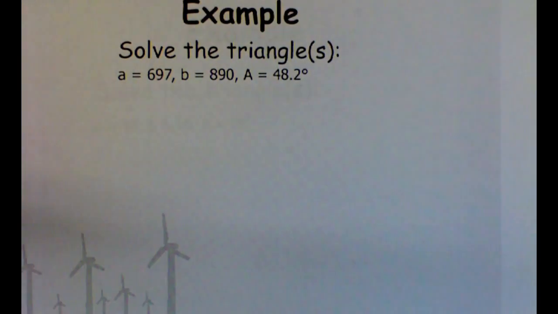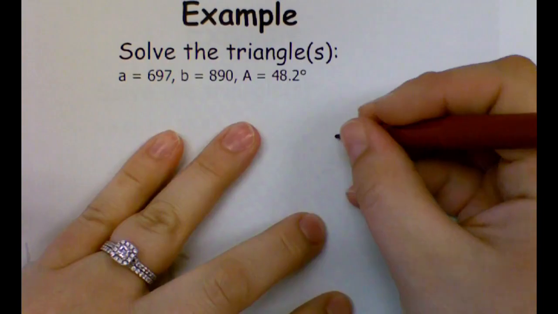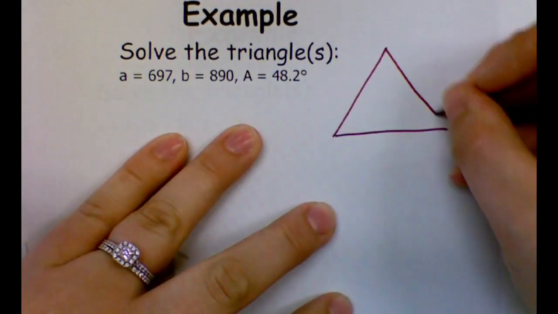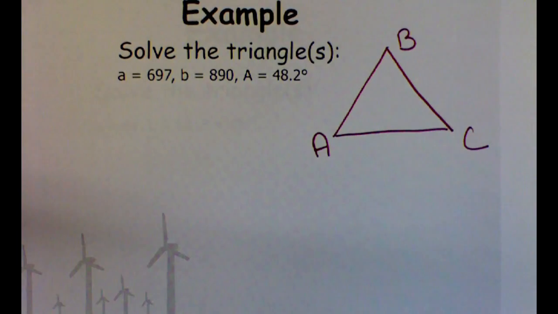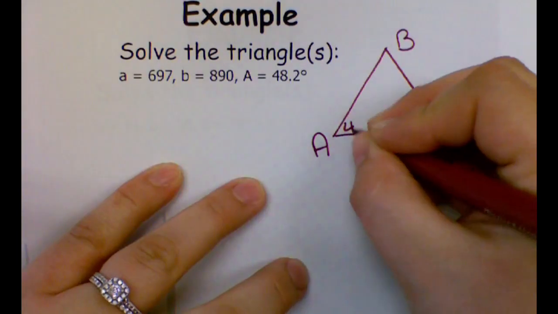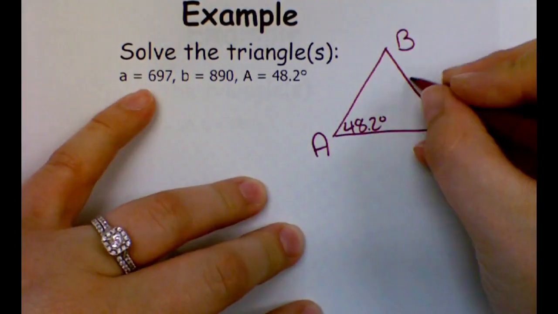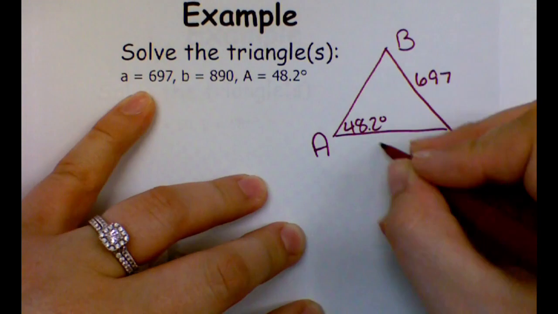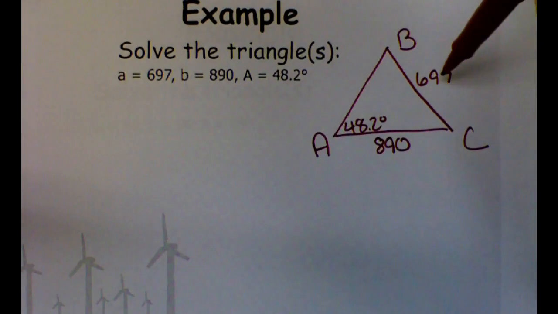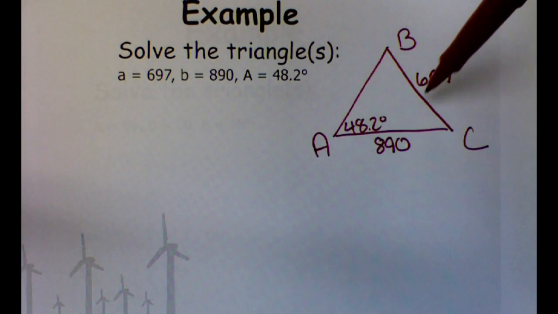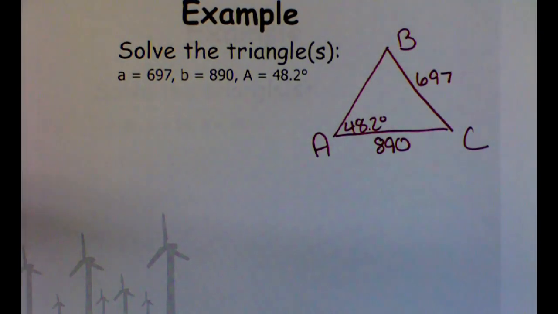Let's try this one. This one doesn't give us a picture, which most law of sines problems won't, or law of cosines ones. So I draw one. Remember how I said my pictures always look the same? There we go. Label what I know. All right, now my side across from the angle is smaller than the other side.